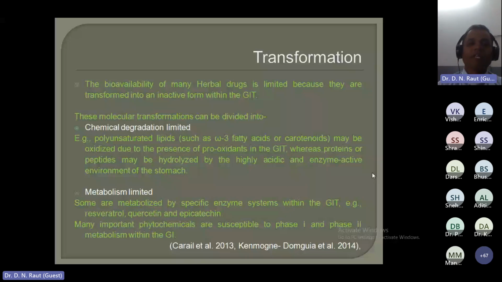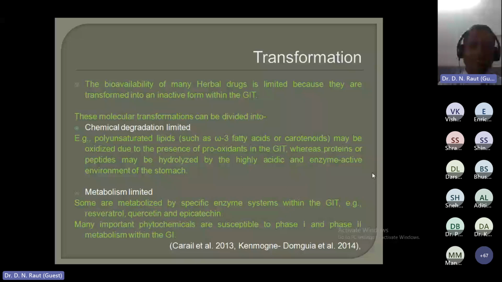For example, polyunsaturated lipids, such as omega-3 fatty acids or carotenoids, are very active in vitro, but they show limitations when taken into our body. They may oxidize due to the presence of pro-oxidants in the GIT, whereas proteins or peptides may hydrolyze in the highly acidic and enzyme active environment of the stomach.